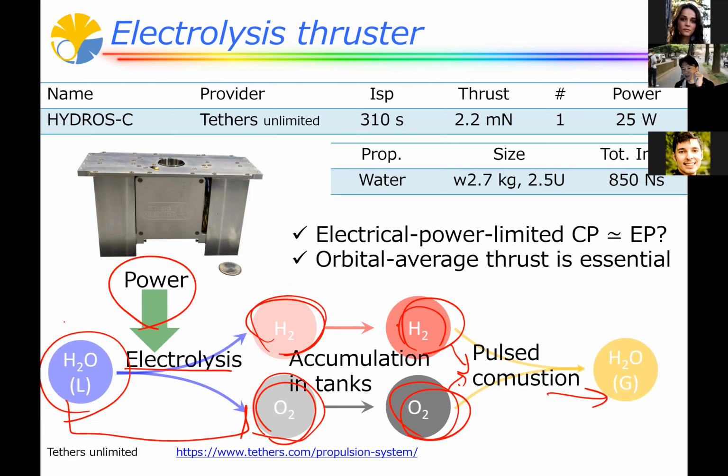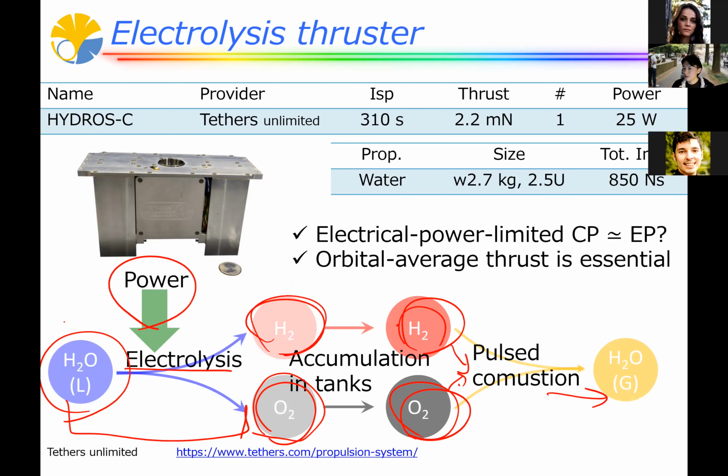The energy source is electrical power generated by the solar array panel. So it's a combination of chemical and electric. The energy source is electric, but the acceleration process is chemical. Anyway, a very unique and interesting thruster. So sometimes it's categorized into chemical and sometimes into electric propulsion.